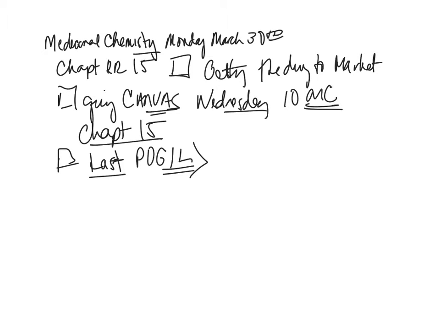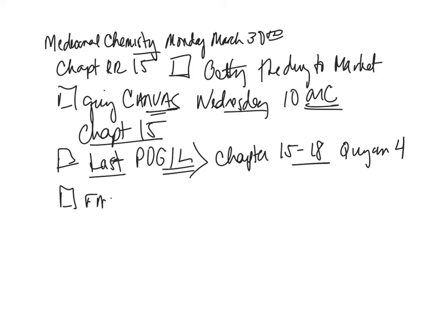And your last POGL is over chapters 15 through 18, and you'll see this material on Quiz-exam 4. And then your final exam will cover Quiz-exam material 1 through 4. So there won't be any new material, and you'll use those as study guides.